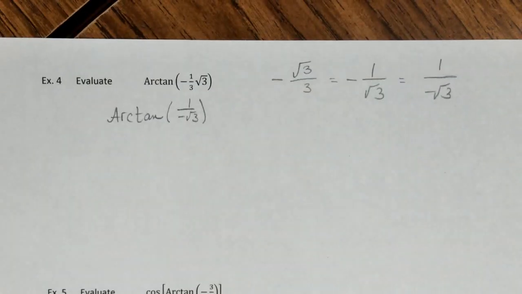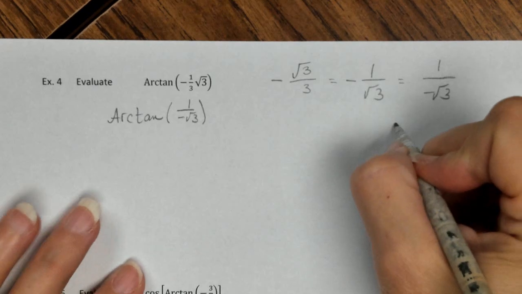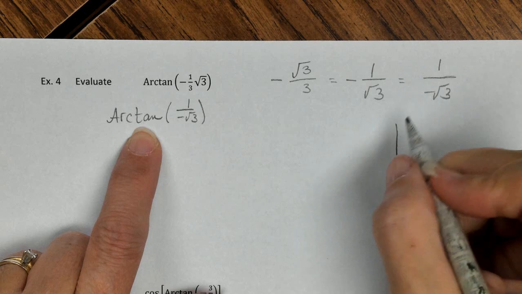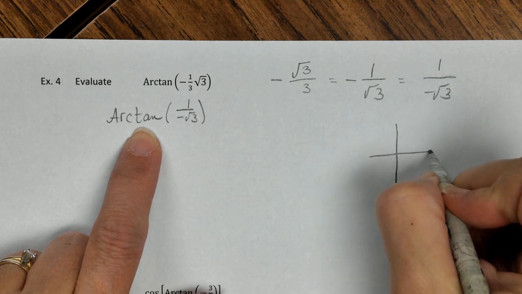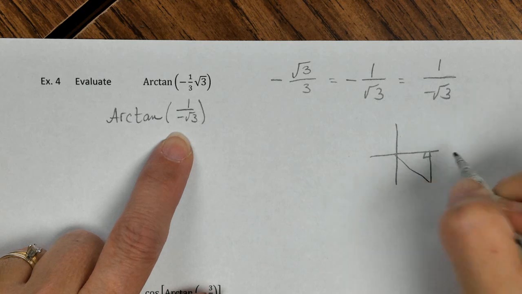Okay, so again, it's very helpful to remember, if you notice that your argument has some numbers that look like they're from a special triangle, try writing it in a different form, and it might be easier for you to then recognize your triangle. This one's negative, and we're doing arctangent, inverse tangent. It has to be 1 or 4, because it's negative, it'll be in quadrant 4.